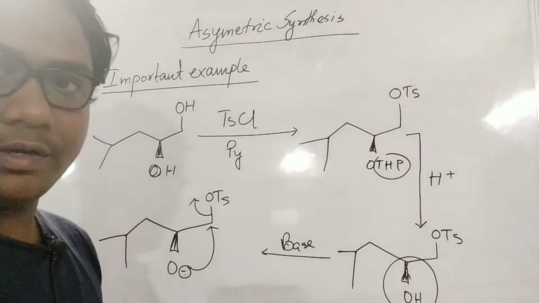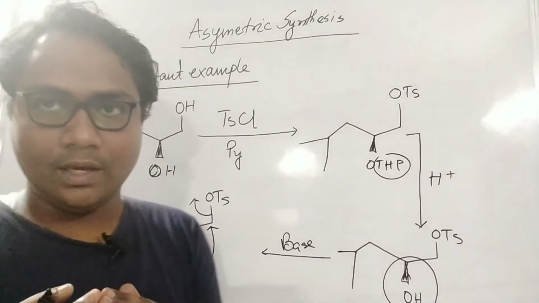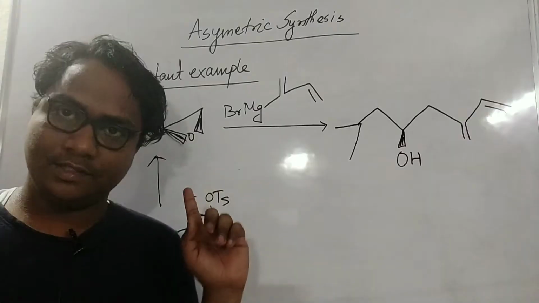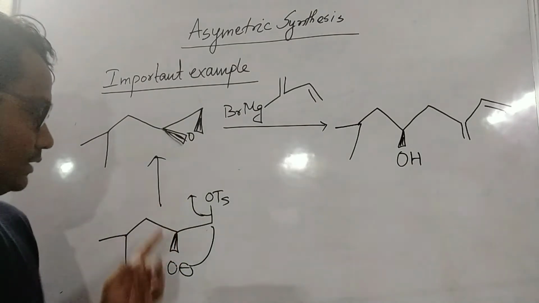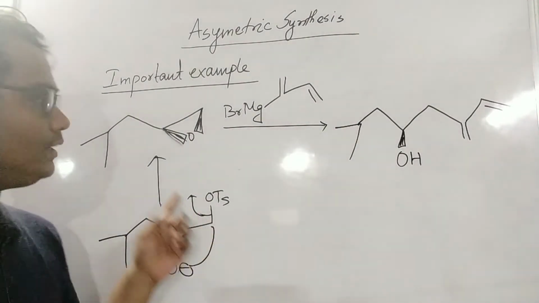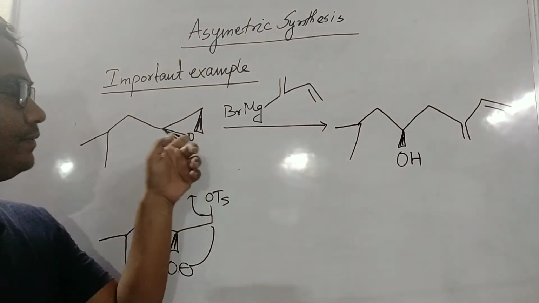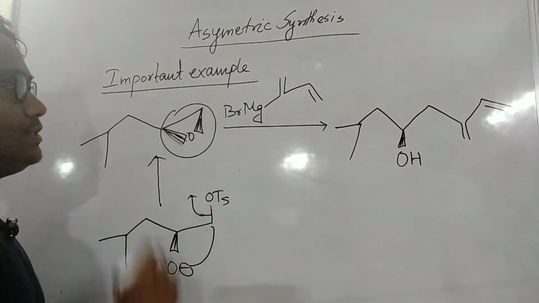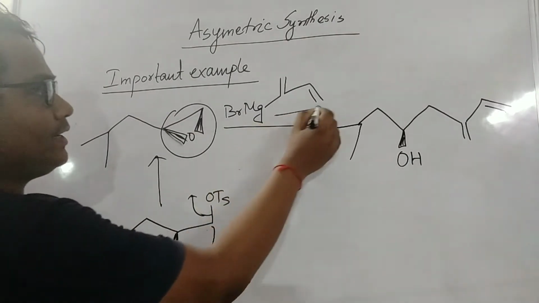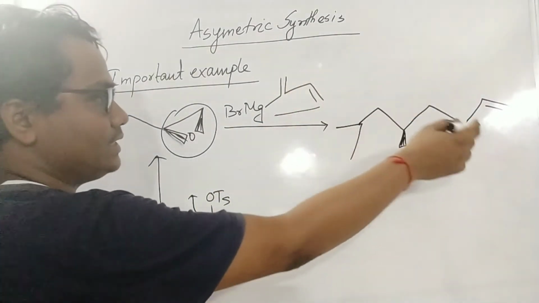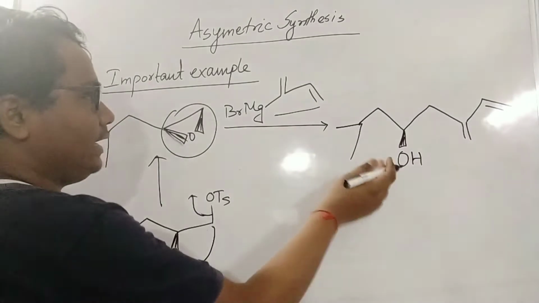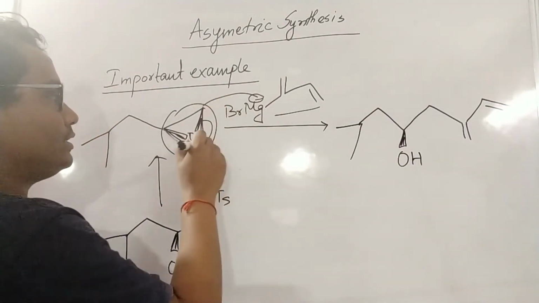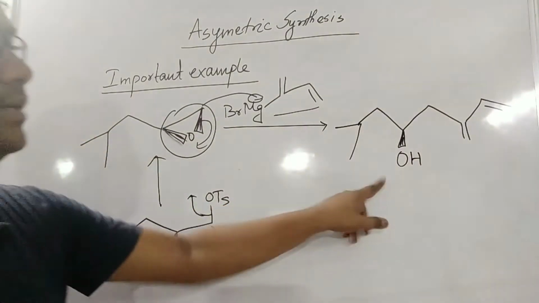That is very important, because in total synthesis the retention of stereochemistry is very important in organic chemistry. So this epoxide is up, and then they use this Grignard reagent, an allylic type of Grignard reagent. It will attack this epoxide, the epoxide ring will open, and this is the product.